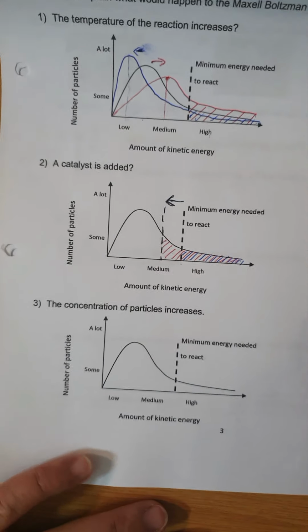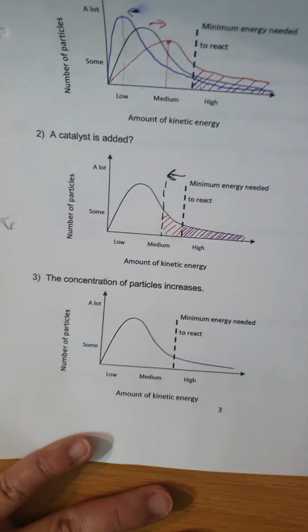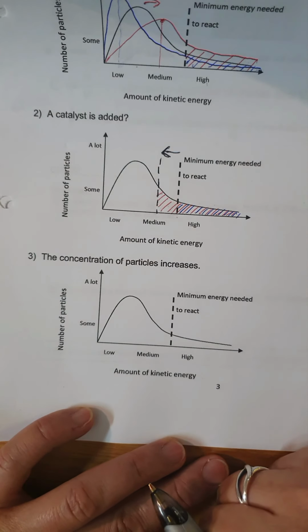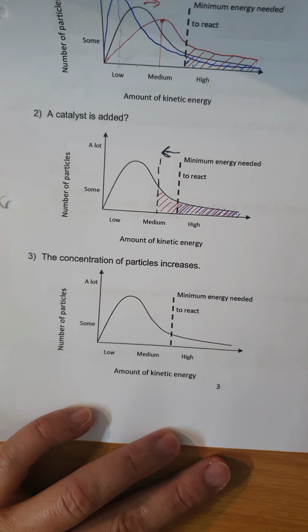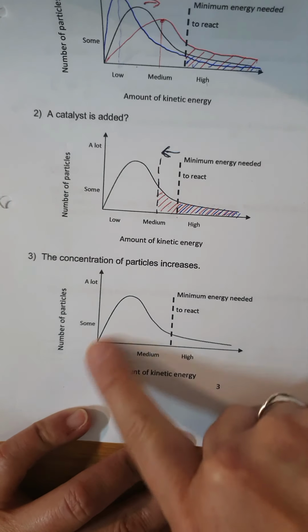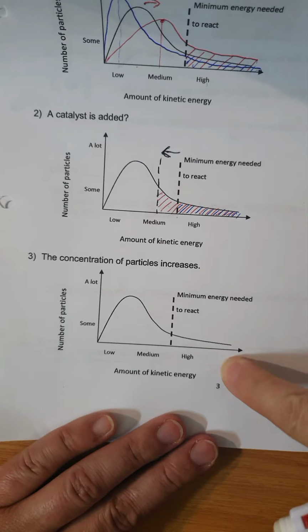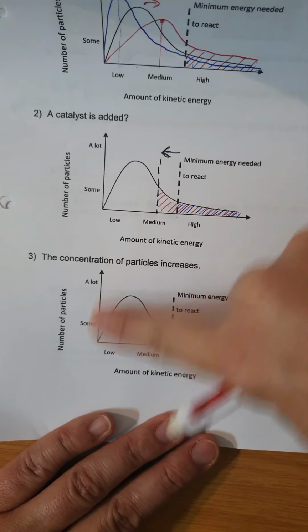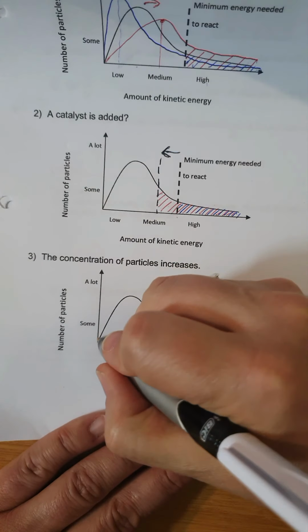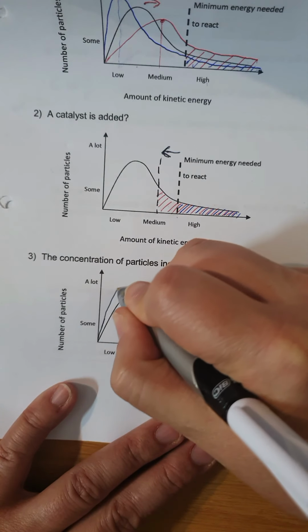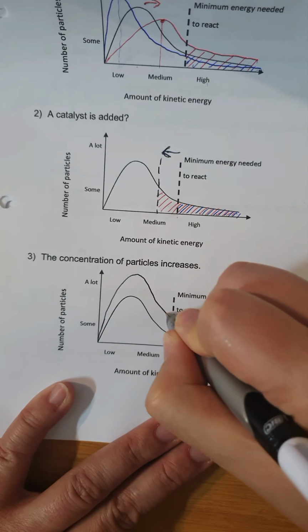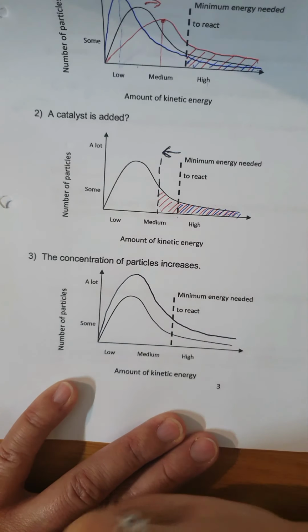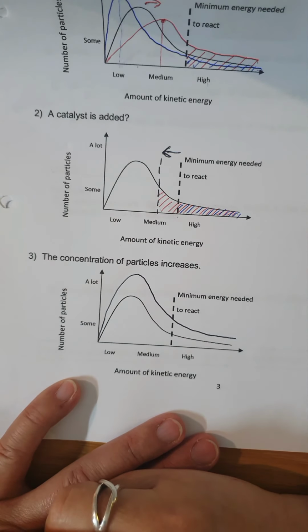Now, concentration of particles. This doesn't really change the energies in any way. So this doesn't get affected down here, but this gets affected. If we increase our concentration, we are actually increasing our complete, total area.